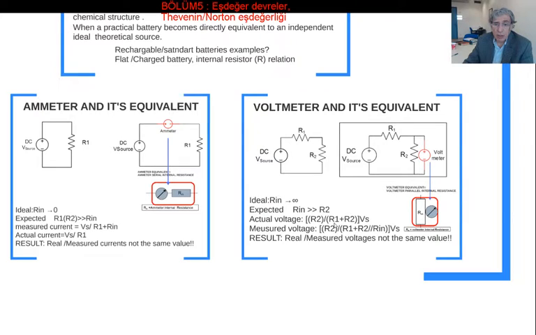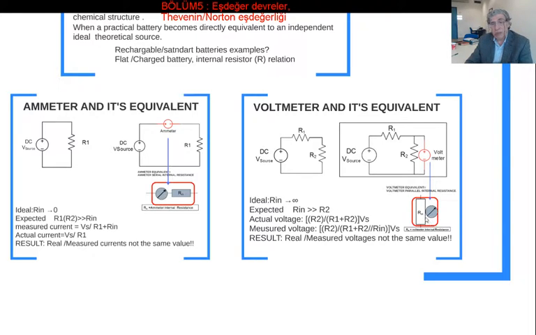They become the same when Rin, the internal resistance of the voltmeter, is infinite. When it is infinite, this term is going to be 0, and the actual and measured values are going to be more or less the same. So the quality of your voltmeter depends on the internal resistance value.